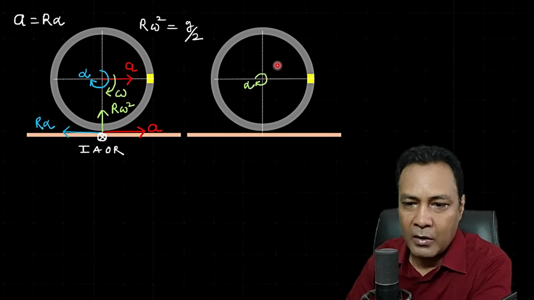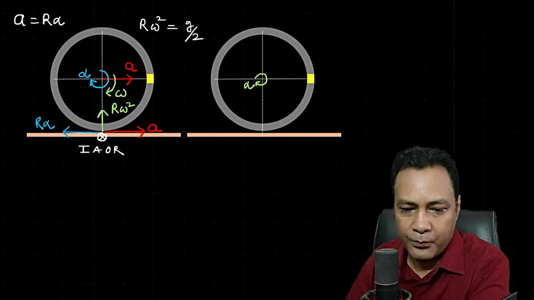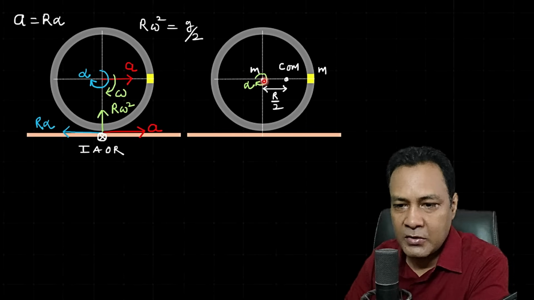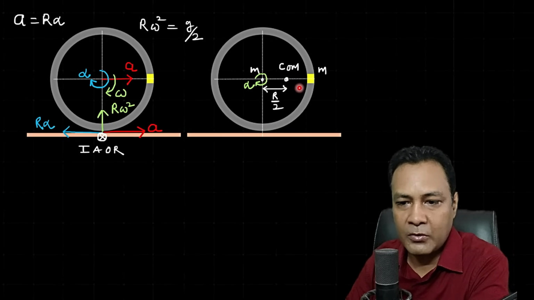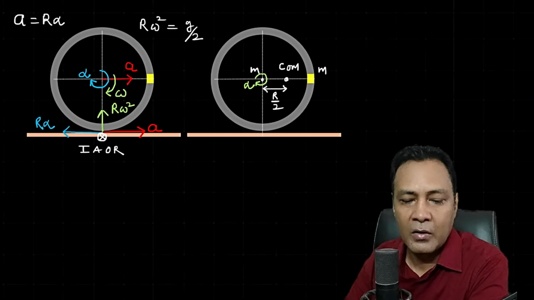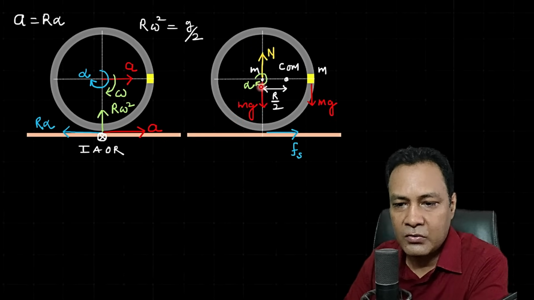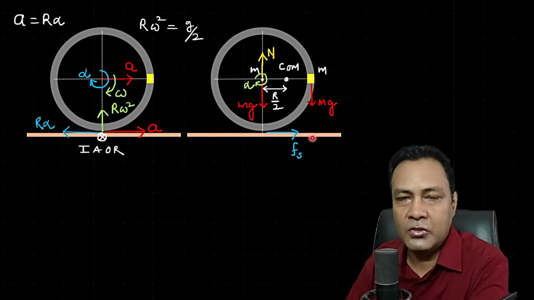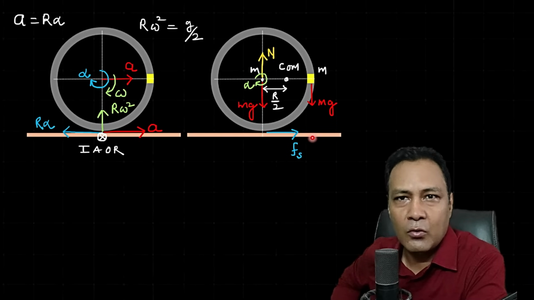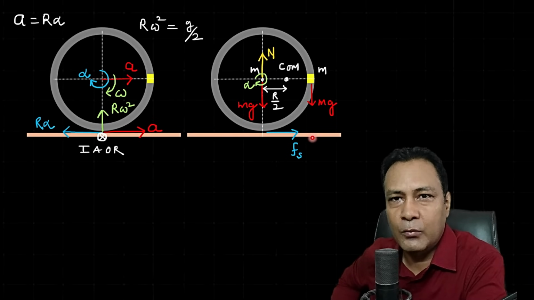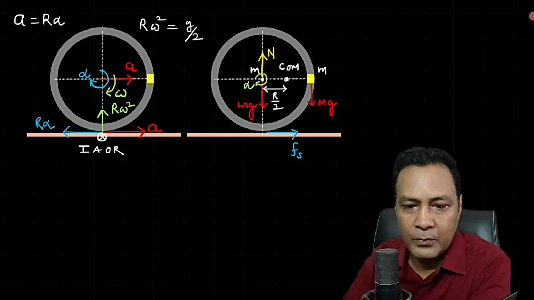And now once again this picture, this is a mass m, this is a mass m, and the center mass is here. This is r by 2, and this is also r by 2. Other forces acting are the weight mg, this weight mg, normal, and friction. So we want to apply torque about IAOR, so we have to put the pseudo force at the center of mass.